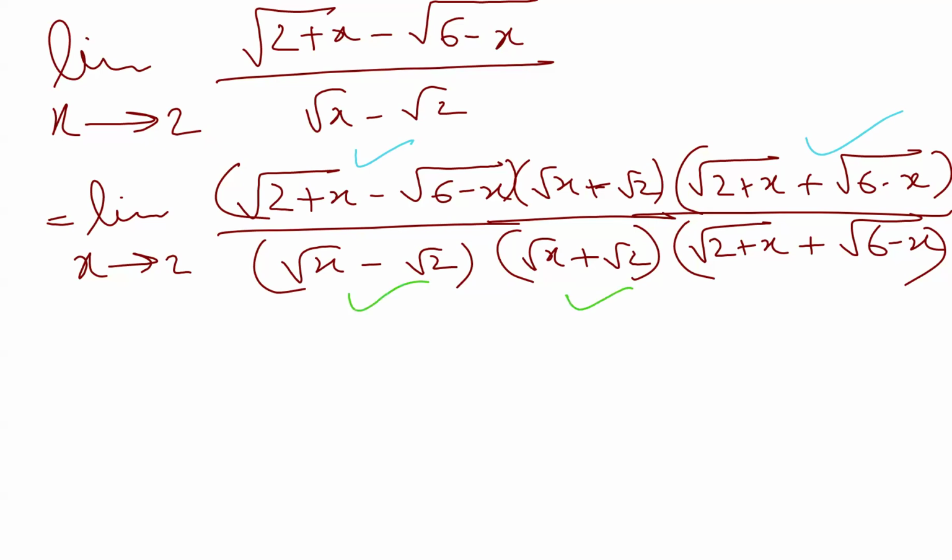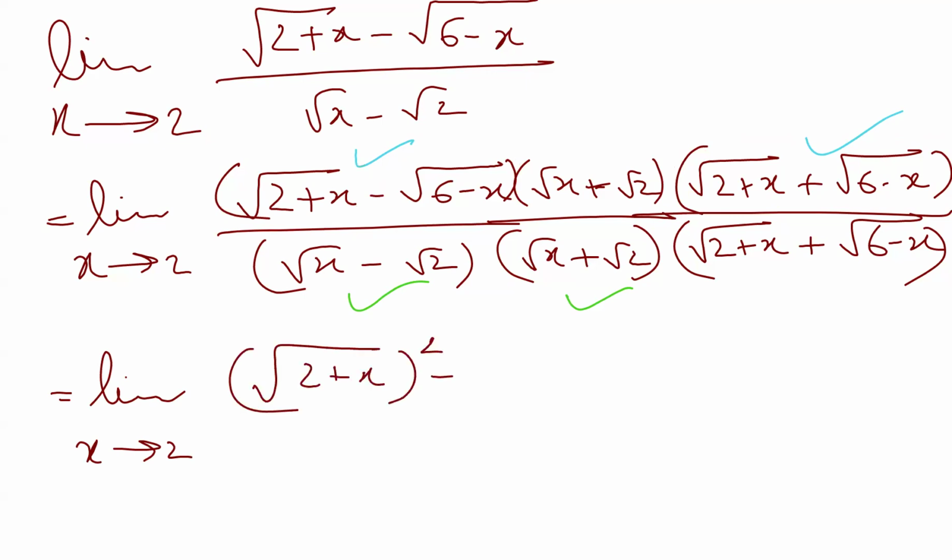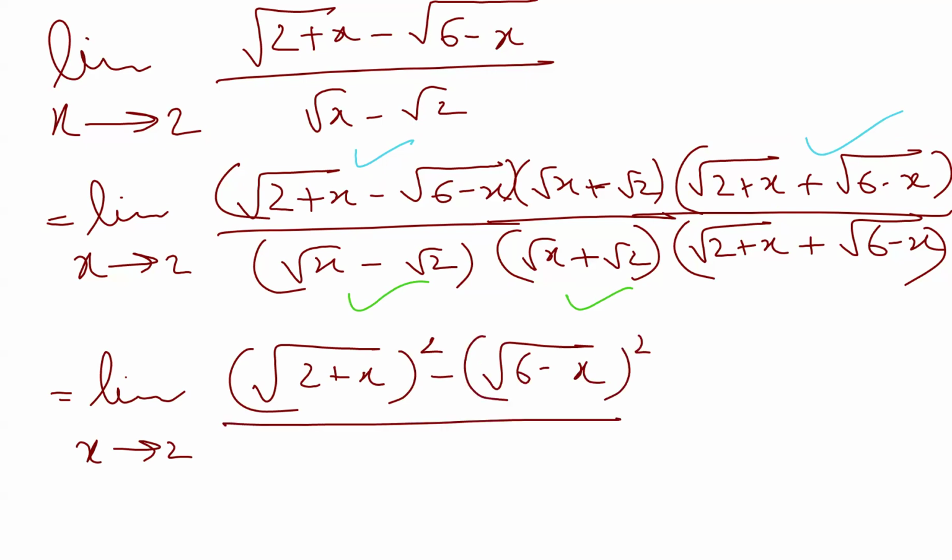For the blue colored terms, I'll apply a square minus b square. So this is a minus b into a plus b, so that is a square minus b square, upon the green colored terms, a square minus b square.